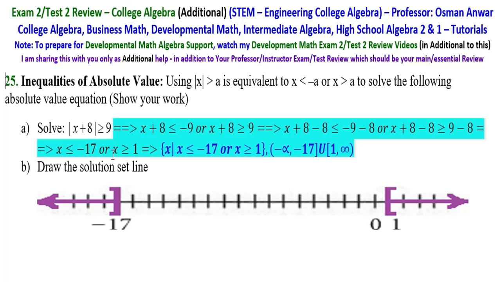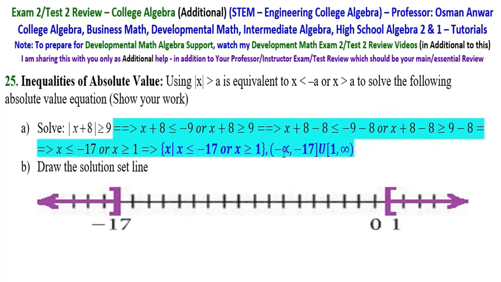So that means in set notation, it is the set of x where x is less or equal to minus 17 or x is greater or equal to 1.